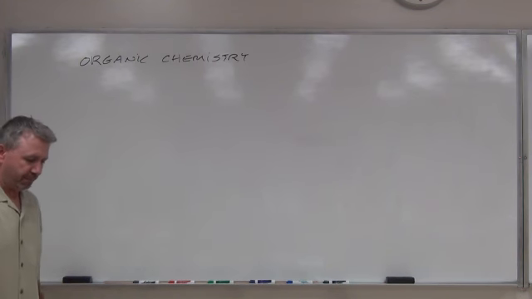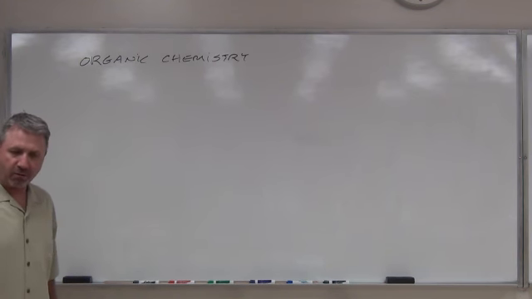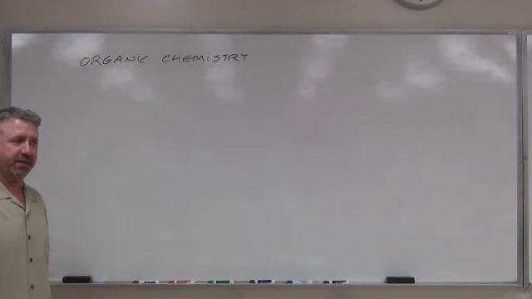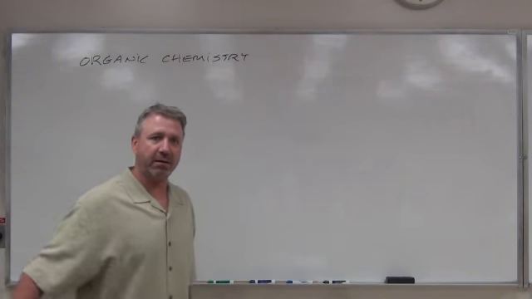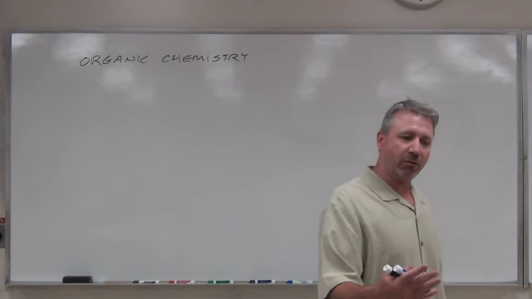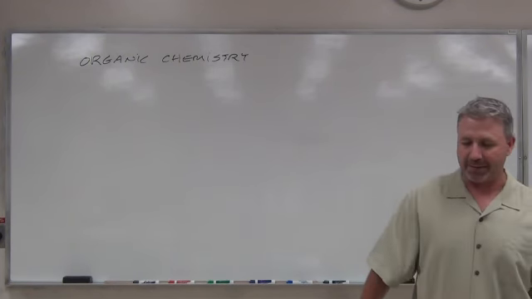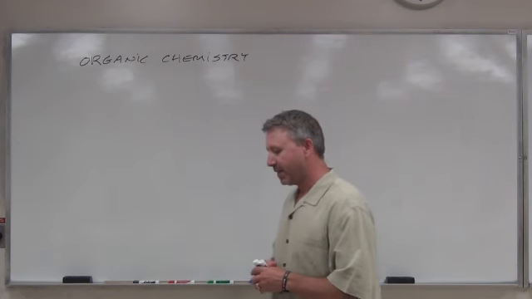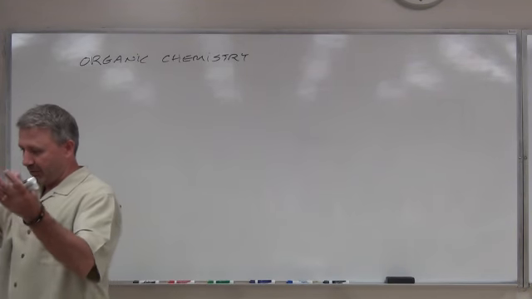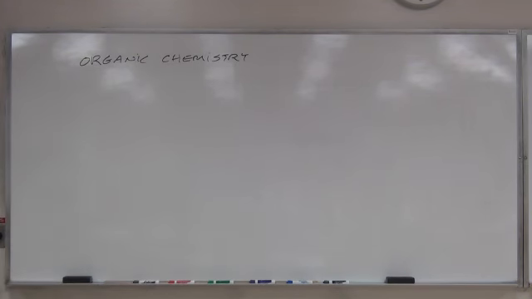Then the molecules that were once isolated from living organisms began to be synthesized in a laboratory environment in what we call in vitro in the lab, as opposed to in vivo in the body. So now these molecules could be synthesized, and so we had a new definition for organic.